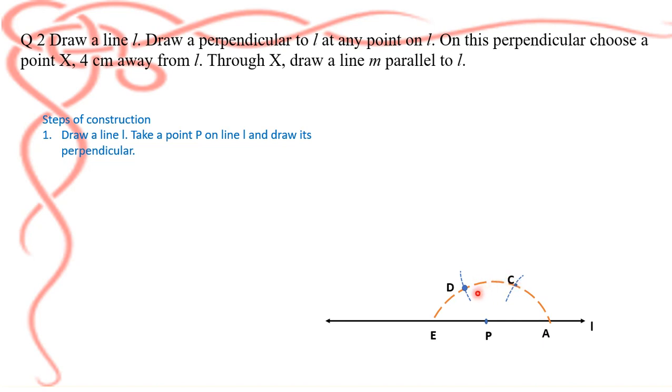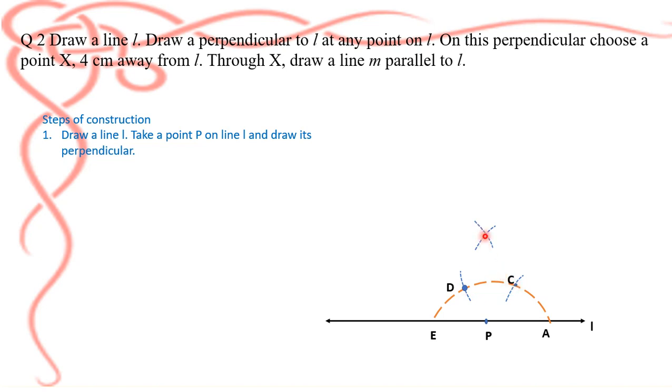Don't open the compass for the arc DC length. Open the compass for a length more than half of this arc DC. Place the pointer at point D, cut an arc. Similarly, place the pointer at point C, cut an arc.